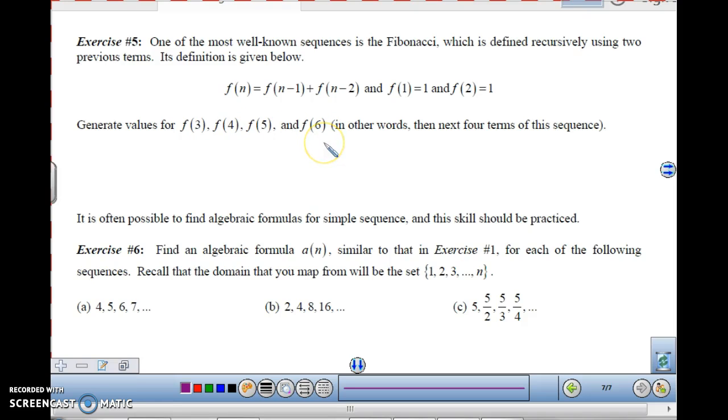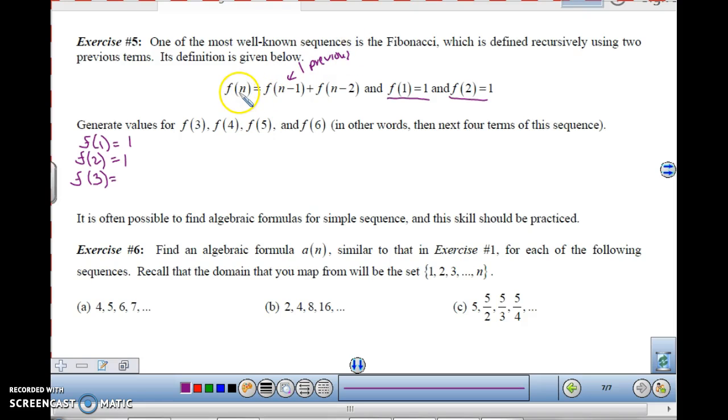So what is the first term of the sequence? Well, it would be 1, because this is f of 1 equals 1. And f of 2 is also 1. Now f of 3, that is an n value. So if this is 3, what number would this be? This would be 1 previous to whatever term you're on.